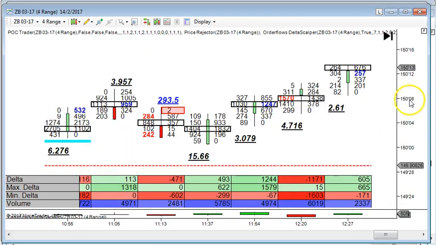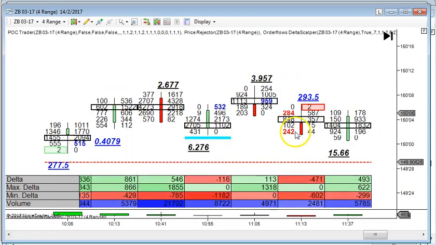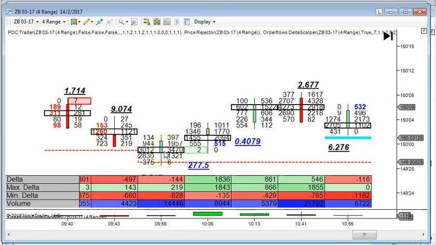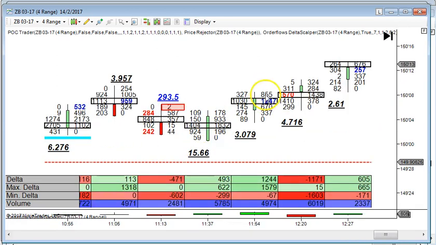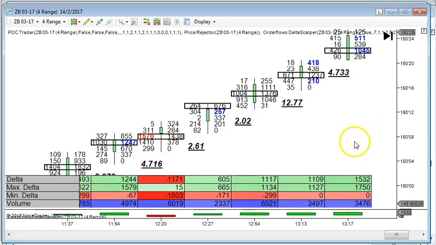But this bar early was quite telling. You'll be looking for some signs. Then when you see this bar here, minus 1,100, and the bar turns up, I'd be really looking for it to go higher. And it did.